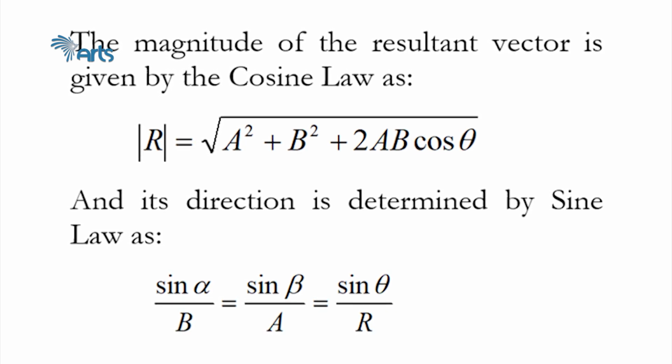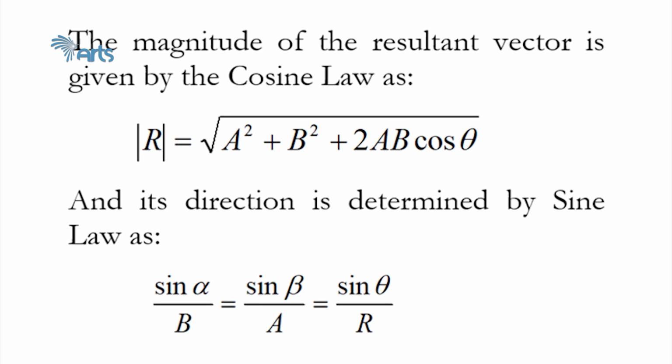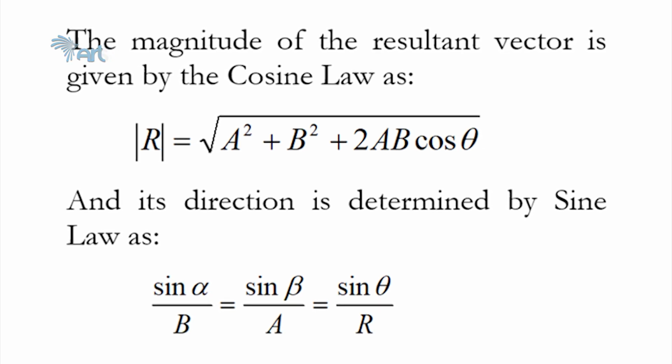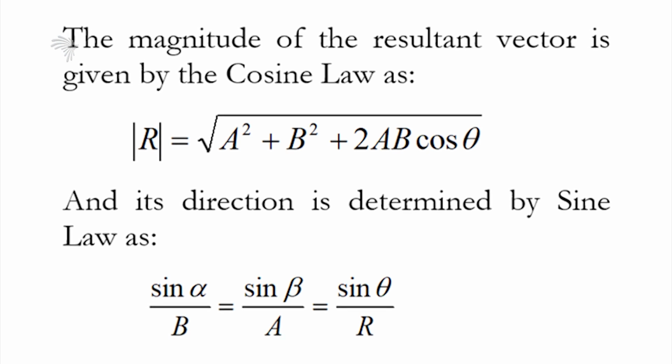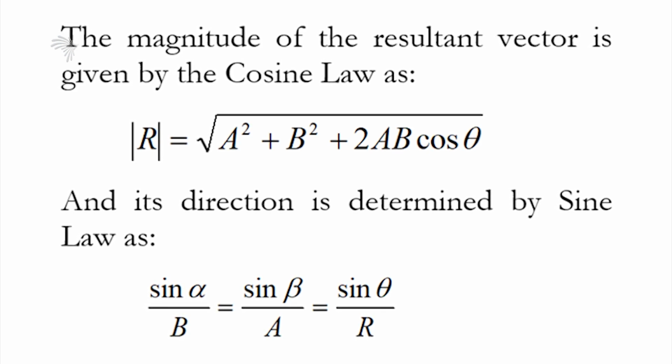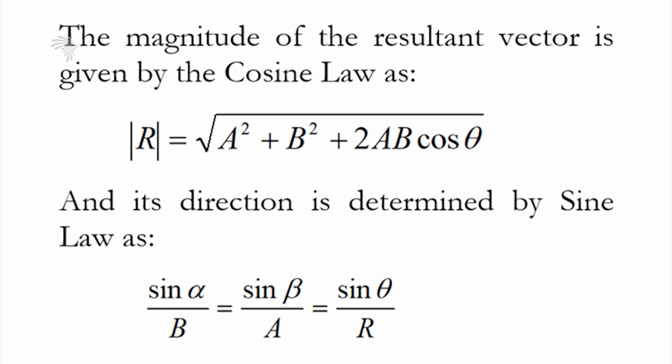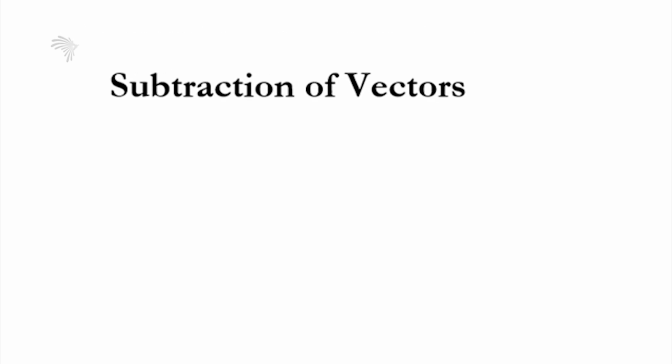You can see the sine law on the screen, which says sine of alpha over B equals sine of beta over A equals sine of theta over R, where these angles are found opposite to their corresponding side. Let's come to subtraction of vectors.